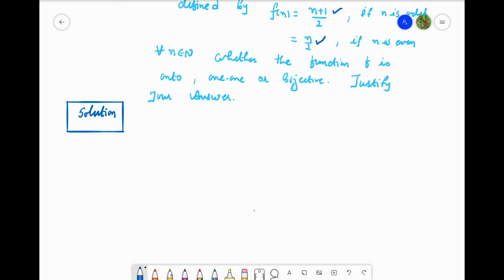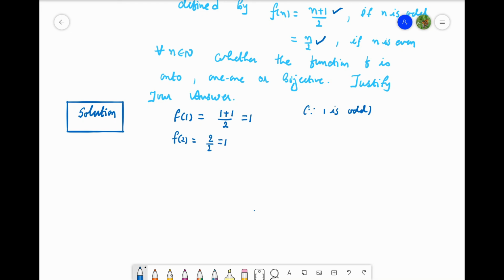f of 1, 1 is odd, so (1 plus 1) by 2, 2 by 2, 1. Here we give reason, 1 is odd, so we have used the first part of the definition. If n is odd, use (n plus 1) by 2. Now f of 2, 2 is even, so 2 by 2, that is 1.